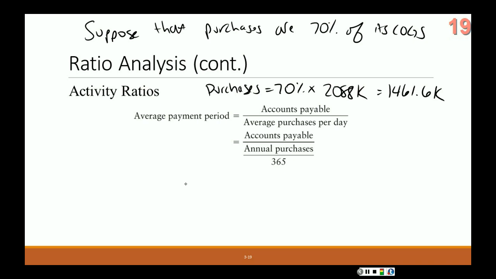So we can calculate this for Bartlett Company. Accounts payable is $382,000. Accounts payable is found on the liability and equity side of the balance sheet. We divide that by our purchases over 365.